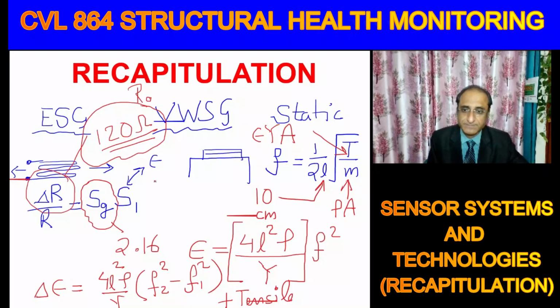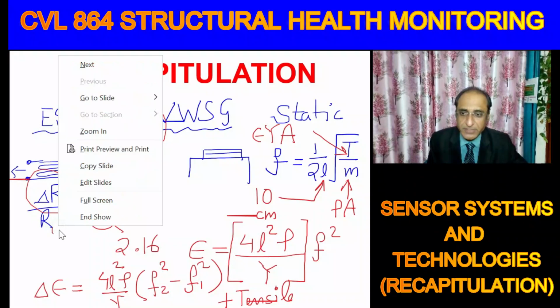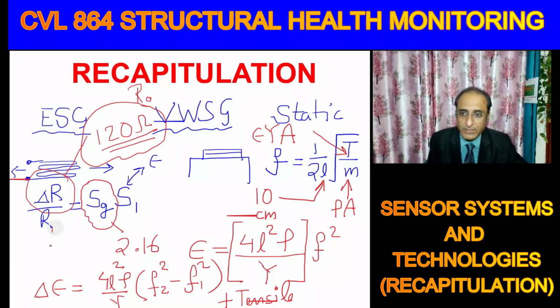Yes, delta R by R, R is the original value. We can use a subscript 0. R0 we can use for the original value. This is the original value. Alright.